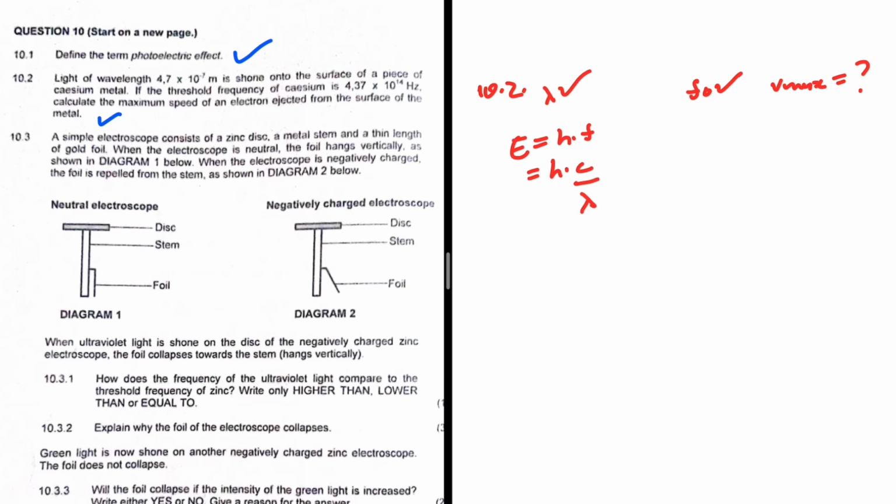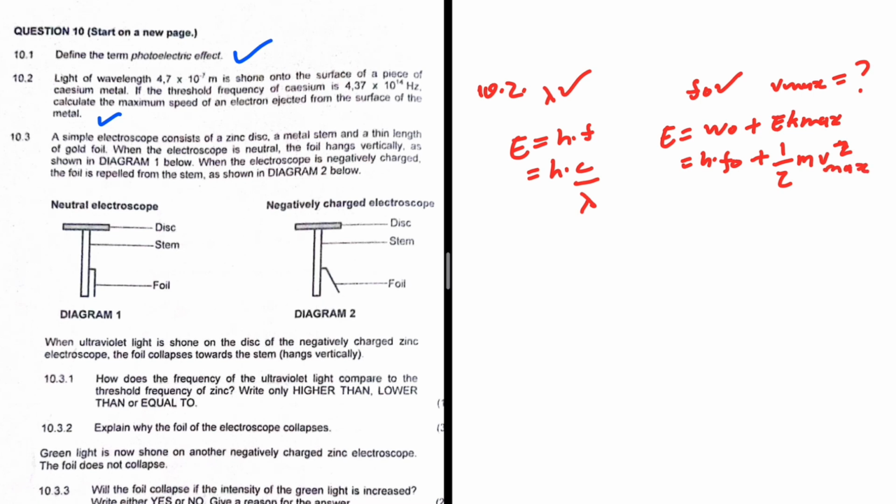And then apart from that, we also have the energy being equal to the work function plus EK max. Well, the work function is just h multiplied by the threshold frequency, plus EK max. EK max is a half mv squared. Well, not just any v, but v max, of which we are interested in.